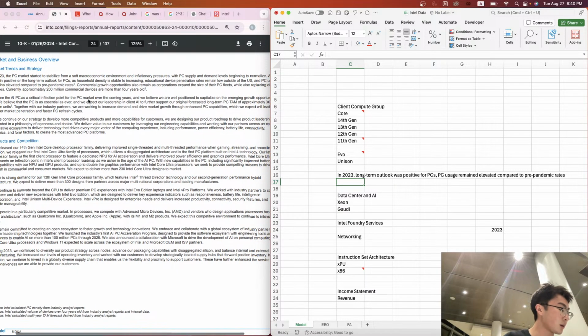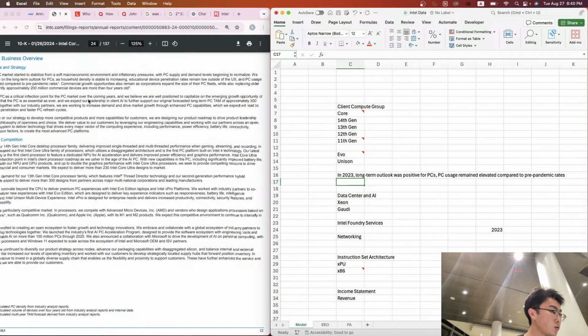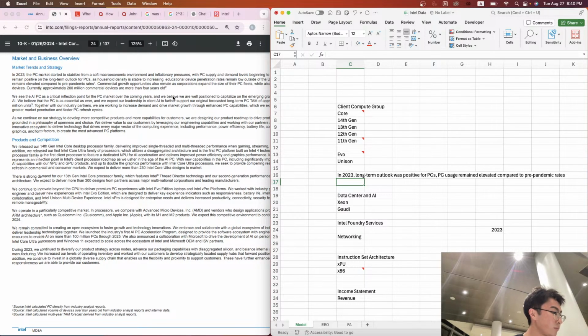Okay. Commercial growth opportunities. Corporation expand the size of the. Okay, so Intel estimates that 200 million commercial devices are more than 4 years old.